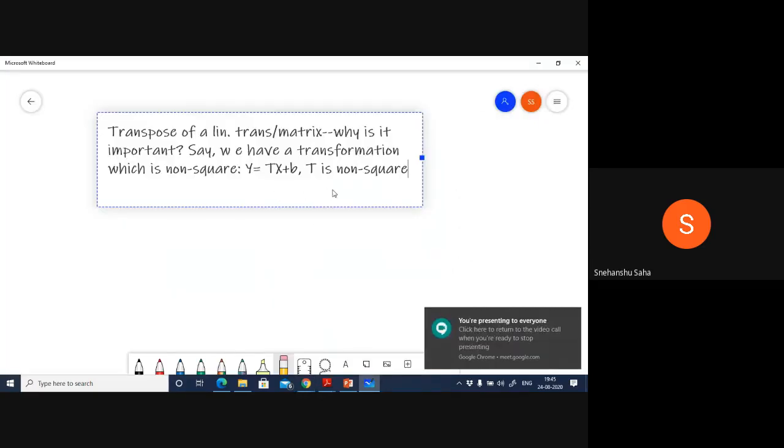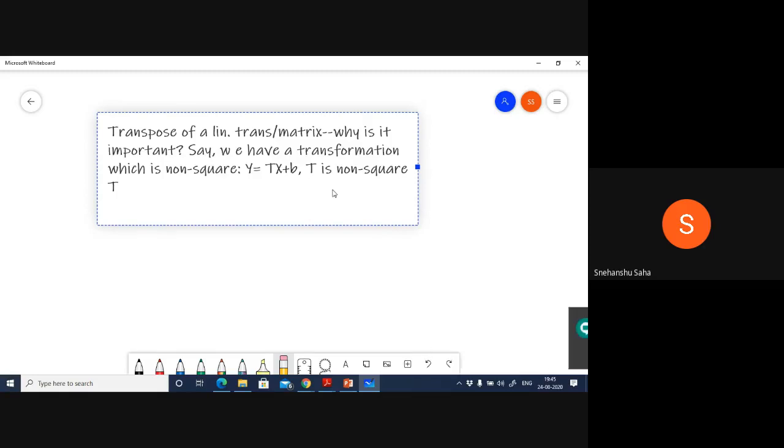T is a non-square matrix, and I have T multiplied with T transpose. Then what happens to this matrix? Let's call this T star. So what happens to T star?